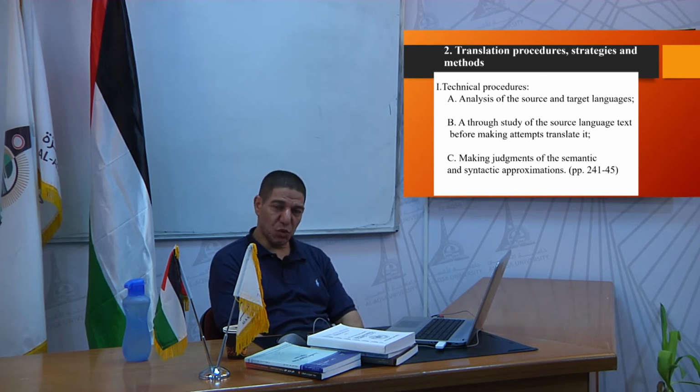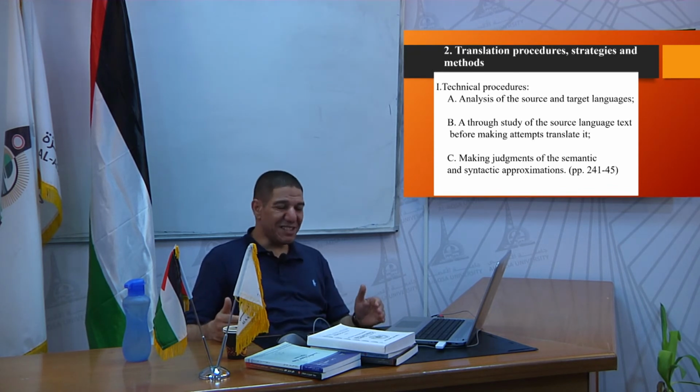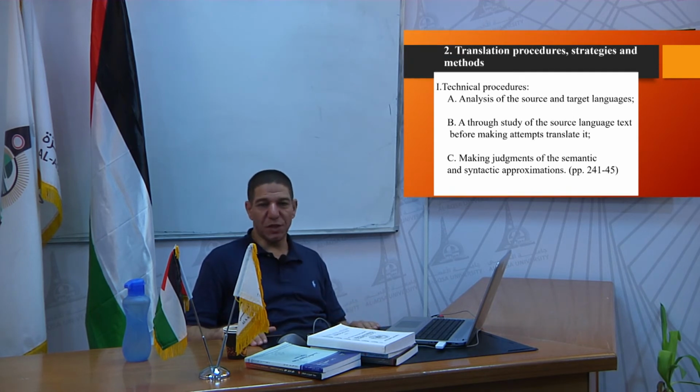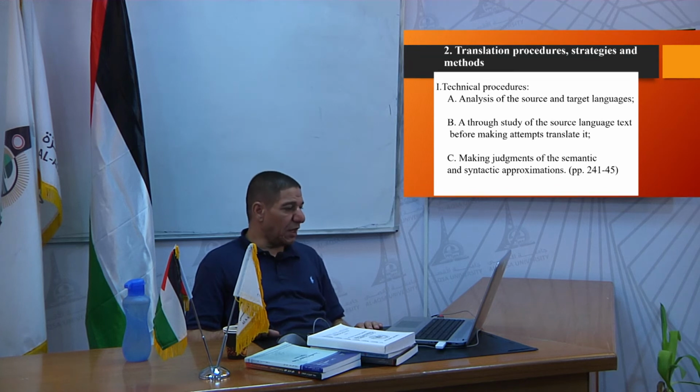Before you render a text from a language into another, you need to have good knowledge of the systems of the two languages you are dealing with, the systems, the rhetoric, the relation between language and culture, and then a thorough study of the source language text before making attempts to translate it.